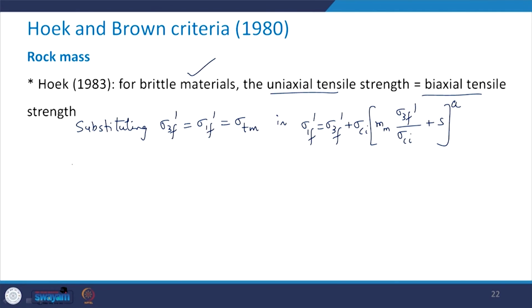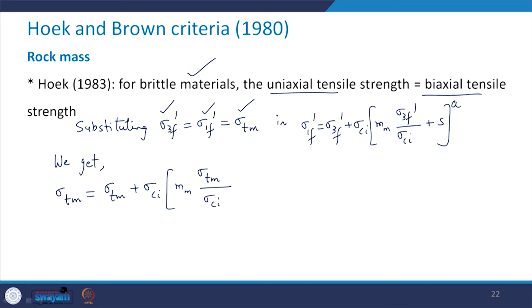Just substitute it in this, what we get is sigma Tm is equal to sigma Tm, because sigma 3f, sigma 1f and sigma Tm are equal to each other, plus sigma Ci into (sigma Tm divided by sigma Ci plus s) to the power a. This will get cancelled out.